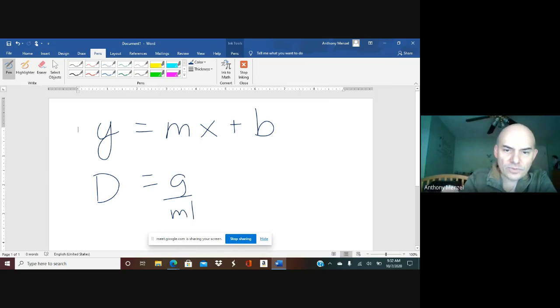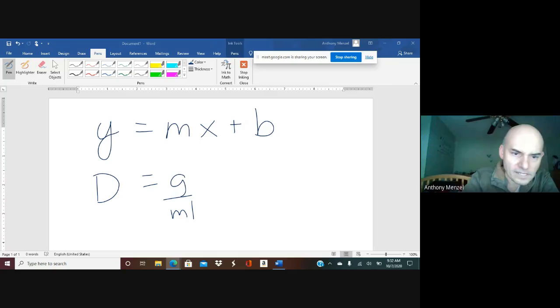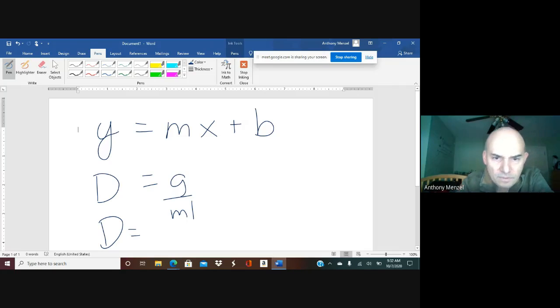So our slope really is density, which is equal to mass over volume.